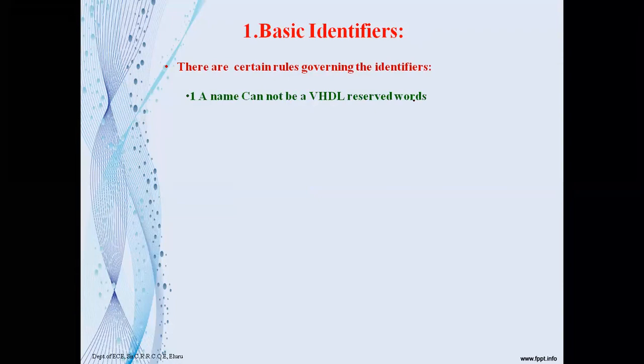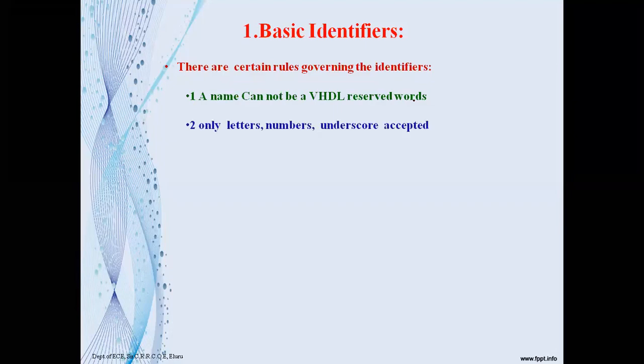It cannot be a keyword. So you know what the keywords are. Examples of keywords are entity, architecture, port map, begin, of, end, and, or, NAND, all basic functions. They are the reserved keywords. So an identifier cannot be a keyword.